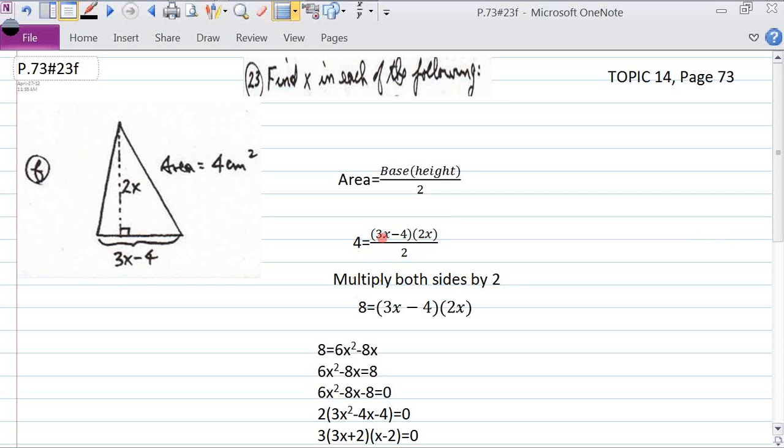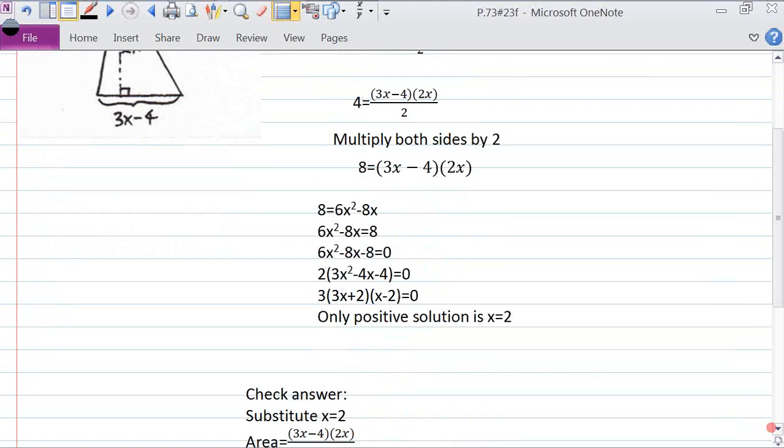And if I multiply this side by 2, this 2 will cancel, and I'll just be left with a numerator, 3x minus 4 times 2x. Okay, so then what do we do next? We multiply by the distributive rule. 2x times 3x gives me 6x squared. 2x times minus 4 gives me minus 8x.